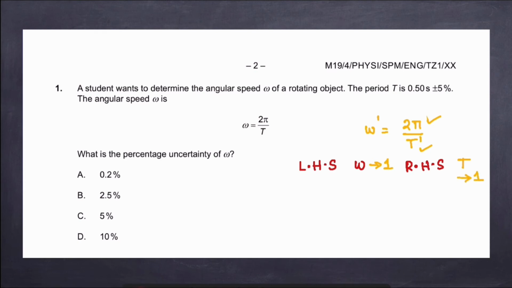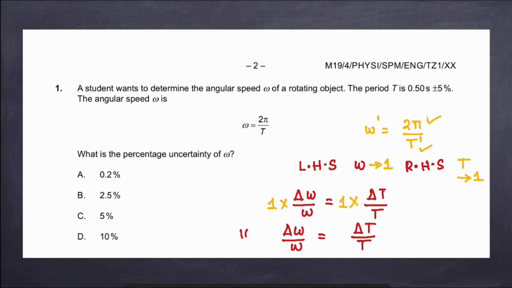So by the theory of errors, I can write that delta omega by omega is equal to delta t by t. Now multiply with powers. For omega the power is 1, and for t the power is also 1. So delta omega by omega will be equal to delta t by t. Now I am multiplying 100%. Delta omega is the absolute error in measuring omega, divided by the measured value of omega, into 100%.